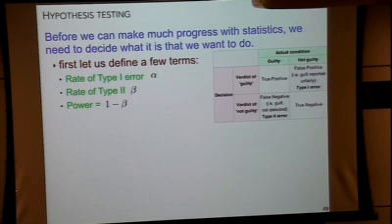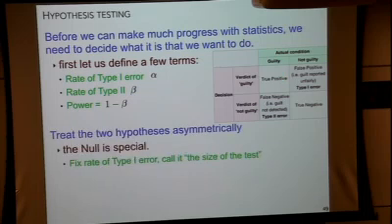Then you can refer to the probabilities of making those kinds of errors. The probability of making a type 1 error is usually denoted alpha. The rate of type 2 error is denoted beta. And 1 minus beta means that if there is new physics and I claim a discovery, I did the right thing. So that's the power.